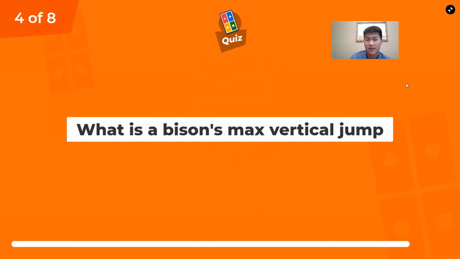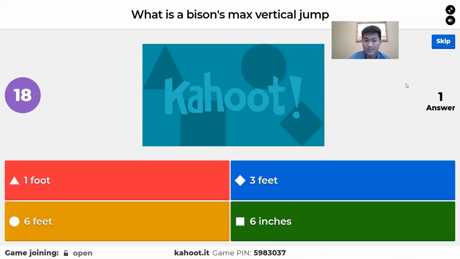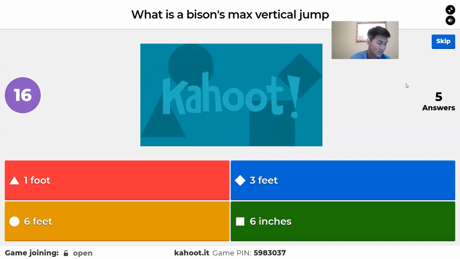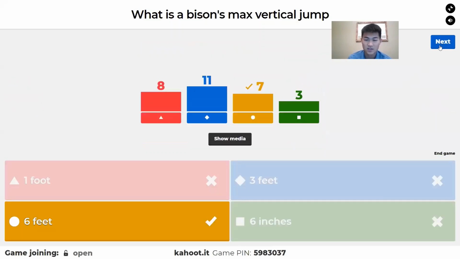So what is a bison's max vertical jump? Okay, some people got it right.